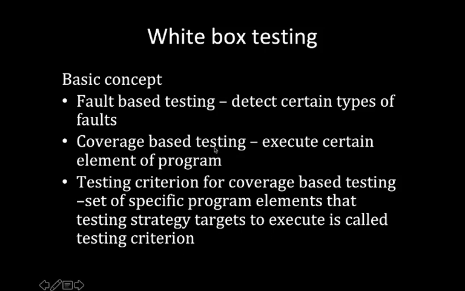We will see both kinds of testing, fault based testing and coverage based testing. This is also an important thing in unit testing. Before going into white box testing, we should understand what is stronger testing and weaker testing.